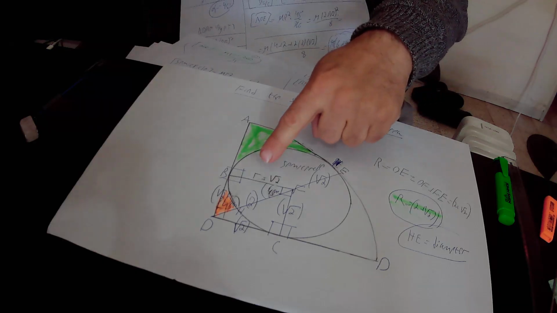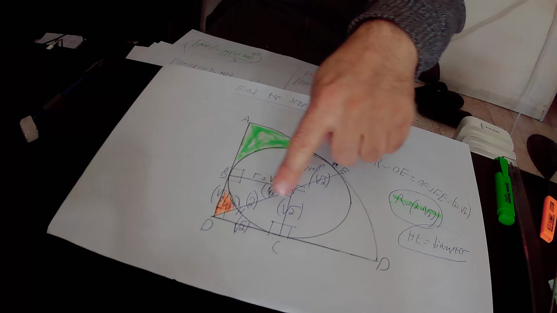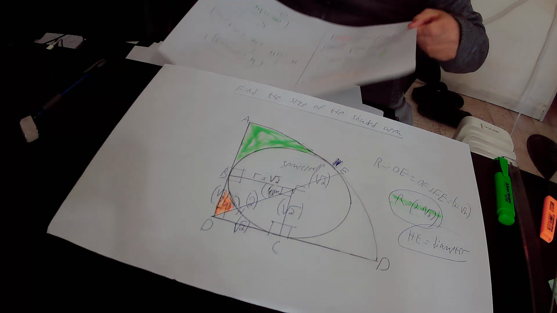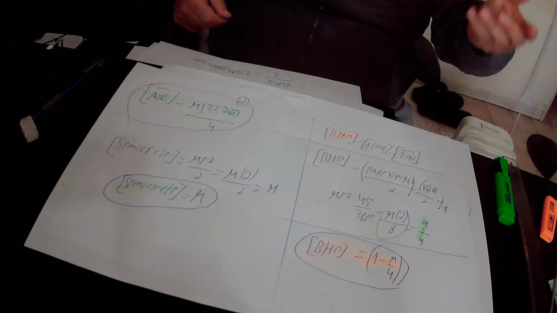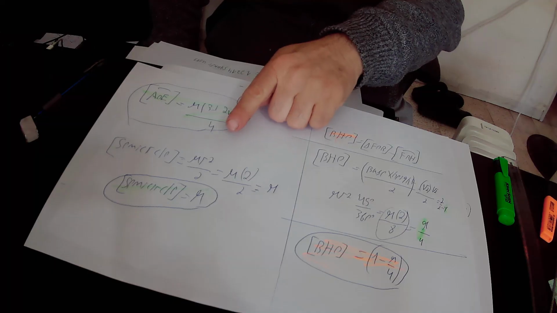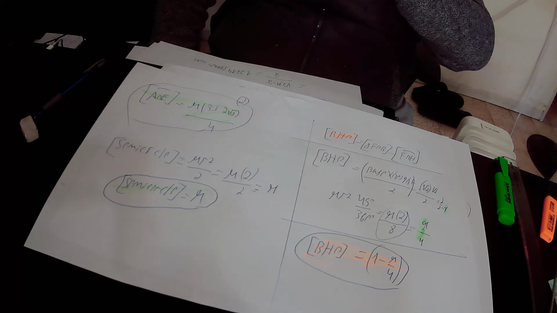The area of this small semicircle. The semicircle is part of this small circle, and the radius of the small circle equals r. So the area of the semicircle will be equal to pi r squared, the area of the circle, divided by 2.